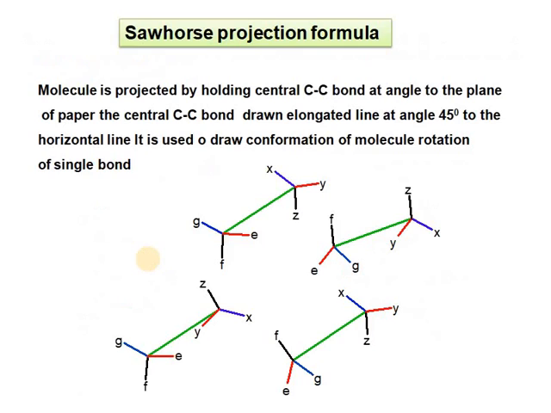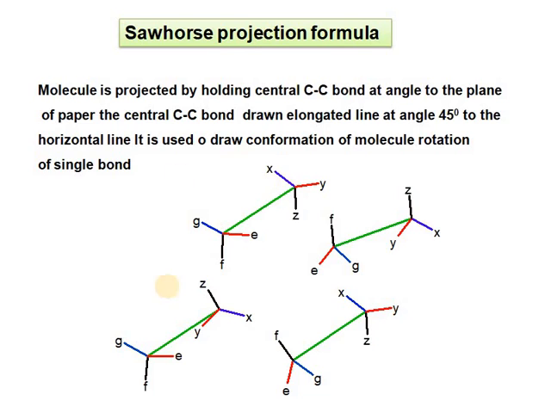Right? Now we have discussed Sawhorse projection formula. Sawhorse projection formula means the formula is held such that this C-C bond, this is carbon, this is second carbon, so the carbon-carbon bond is at an angle to the plane of the paper.